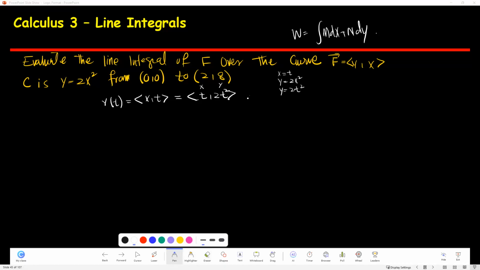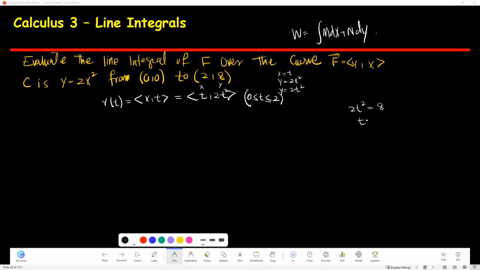T is going to go from 0 to 2. How did I come up with these numbers, right? That's a common student question, and I keep repeating. All you have to do is take the t value. Basically you're just substituting, finding that value of t from this equation. So if you're substituting the value of t, you're going to get this point. So really you're going to be writing something like this: 2t squared should equal 8.